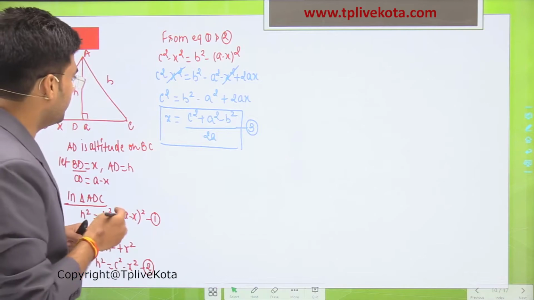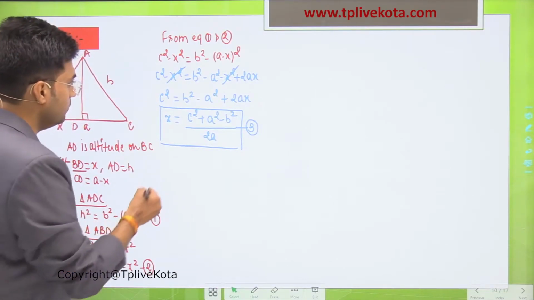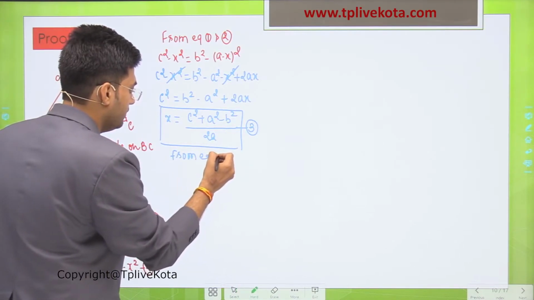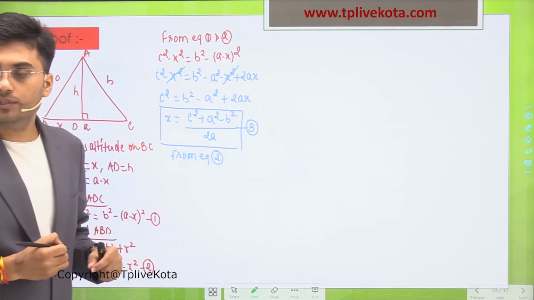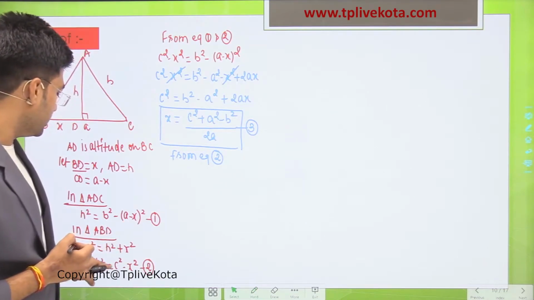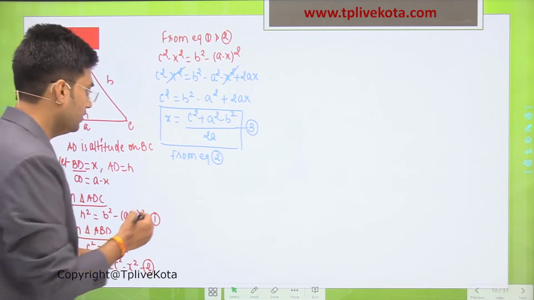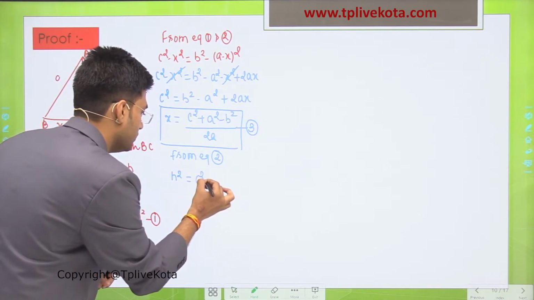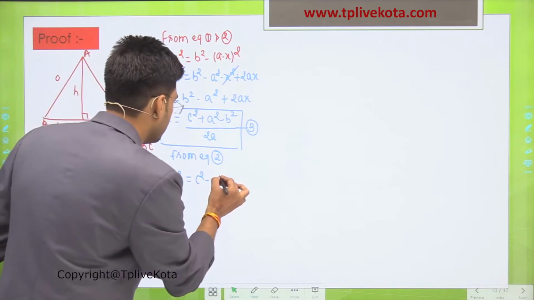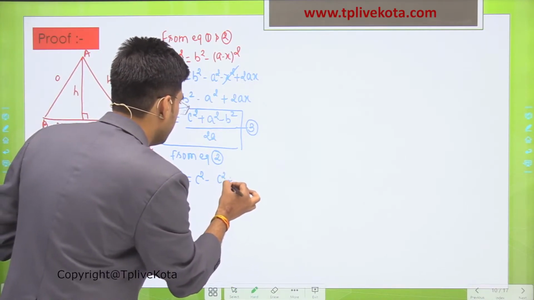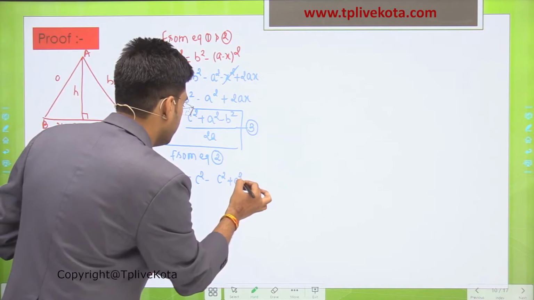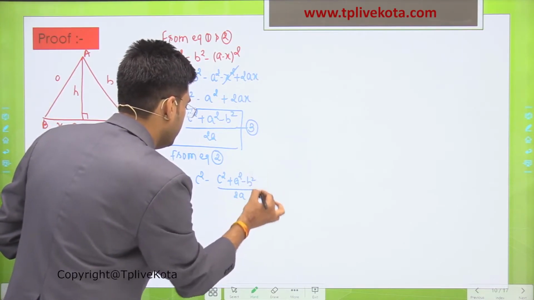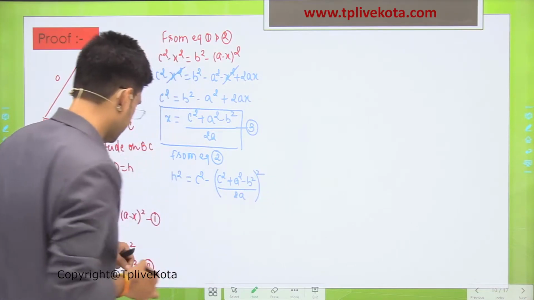Clear? Now from equation 2, h square is equal to c square minus x square, so h square is equal to c square minus ((c square plus a square minus b square) divided by 2a) whole square. Clear?